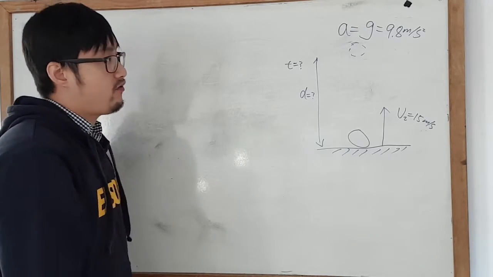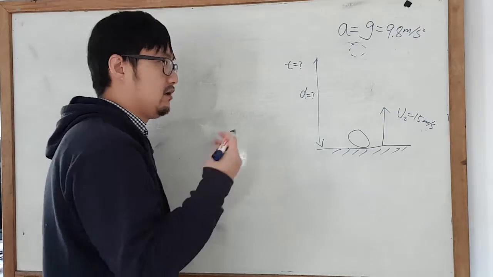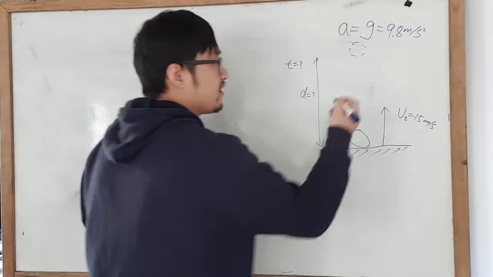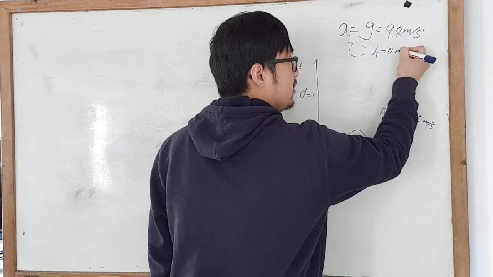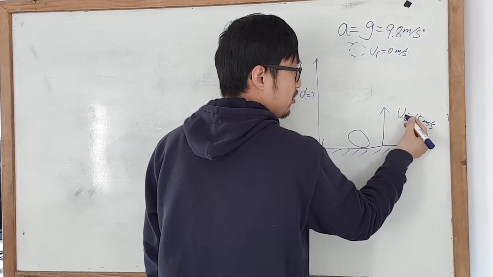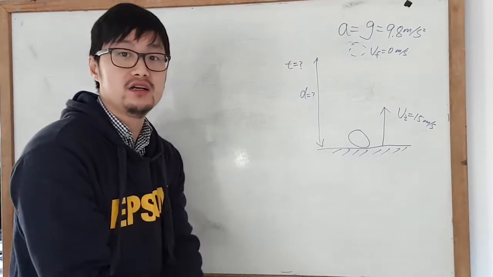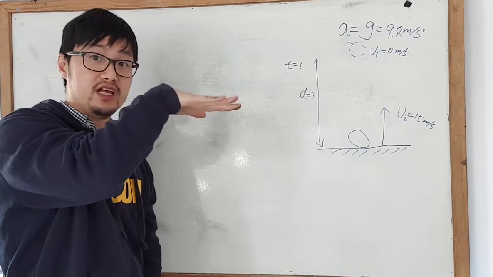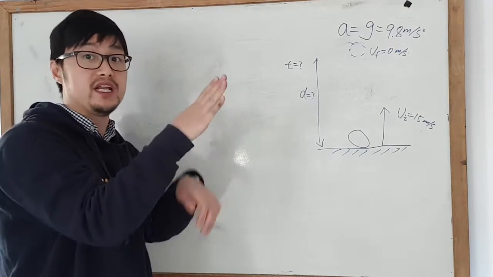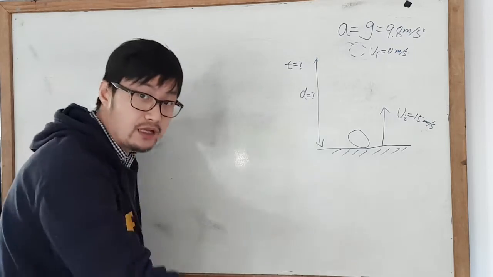Here we have two important pieces of hidden information. One is that there is actually a final speed, and the final speed equals 0 meters per second. That's because when the ball is thrown up in the air and reaches the top, its speed is 0. If it still had speed, it would keep going up. Only when its speed becomes 0 does it start to fall down.